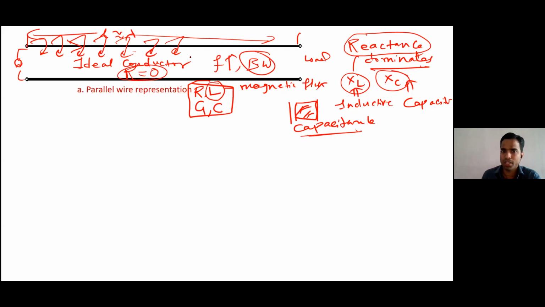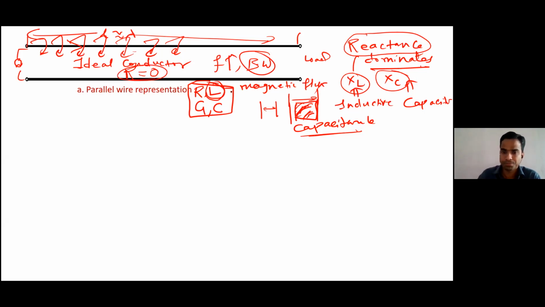Inductance, because the current is flowing, so the magnetic flux linked with the current-carrying conductor will have an inductive effect that gives rise to L. And the dielectric material is not ideal, so there will be some leakage current between the two conductors. Because of that, there will be some conductance. And obviously, if the two conductors are separated by a dielectric, there will be capacitance between them. So these four parameters, R, L, G, C, come into the picture.